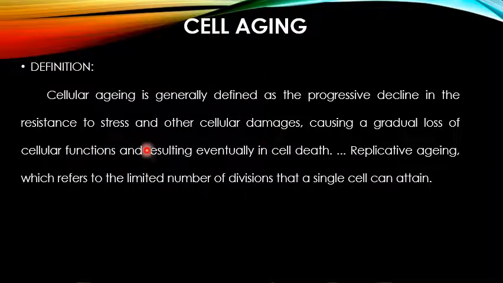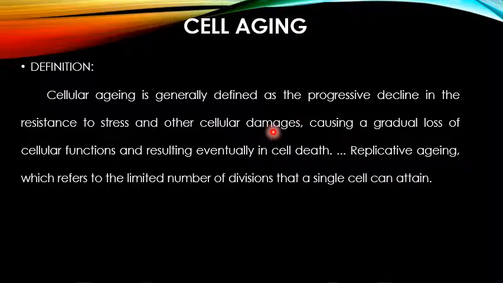I hope you all understood cell aging by this definition, which means that the abilities of the normal cell, such as stress resistance, repair of cellular damage, or cell division, do not take place in the aged cell.